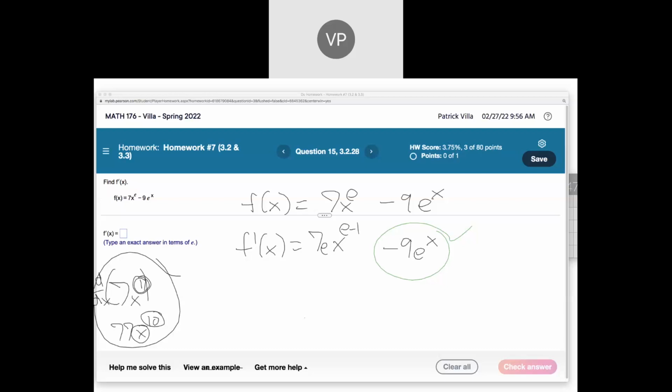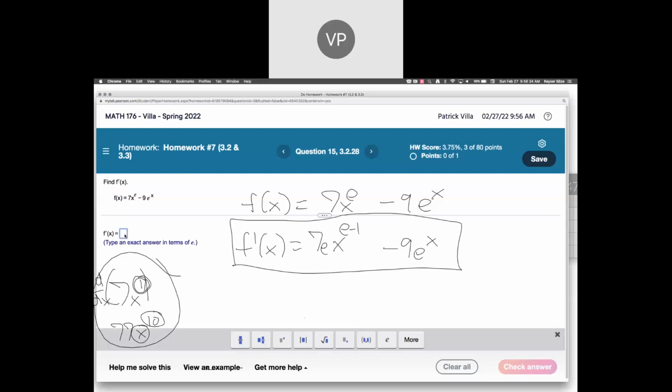Now in your calculator, you'll see that's 2.7 minus 1, like a 1.7. But because it goes on forever, we don't want to go to a decimal. We're going to leave it exactly as we see it right here. That's as simplified as it's going to be. Okay? So type that in as the derivative.